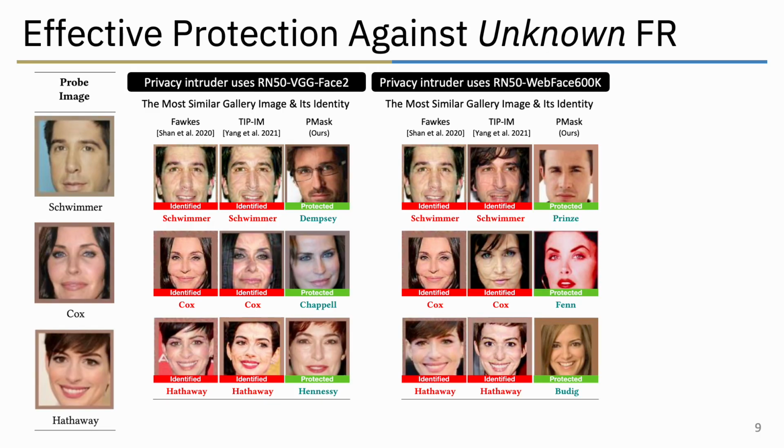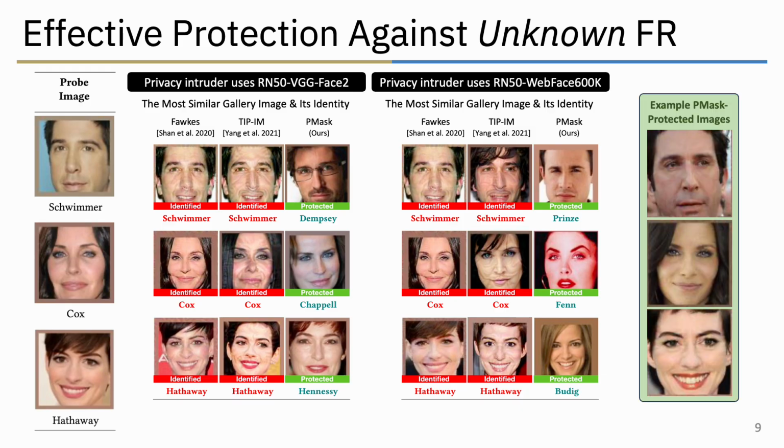The same observation can be made when the privacy intruder uses some other FR models as well. Another thing to note is that the protected images by FOX and TIPM, especially the second one, are seriously distorted. But PMask can well preserve the visual quality of the protected images.